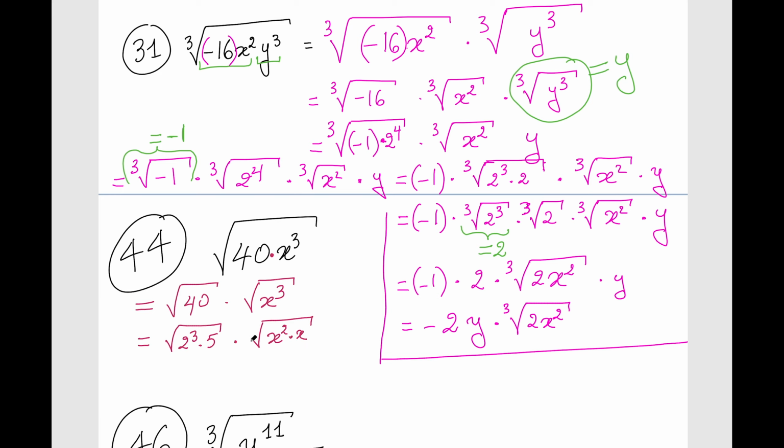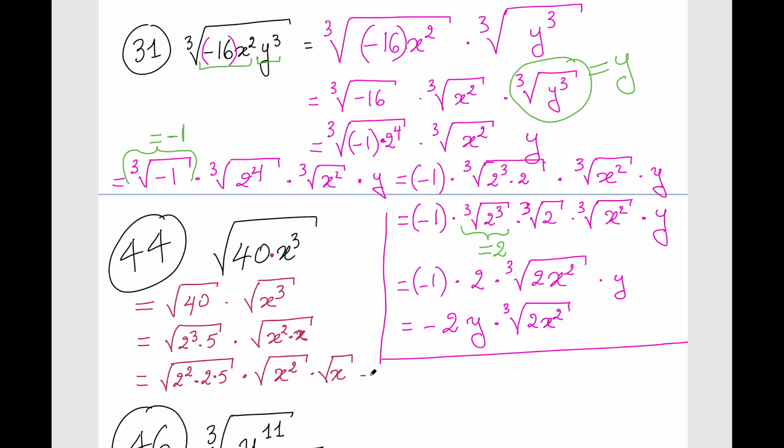Correct? Similarly, 2 cubed, I can think about it as 2 squared times 2. Am I correct? And here I'm going to split the x. I'm going to get square root of x squared times square root of x.